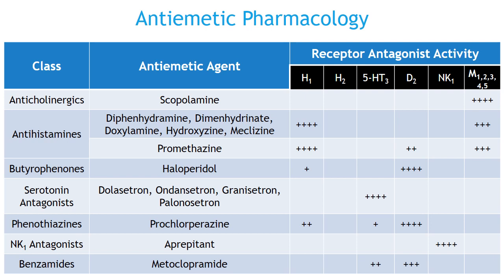But metoclopramide is also a D2 antagonist, so it's prokinetic. But again, that's another one that has the risk, and I don't know the exact number, it's a very low risk, but there is a risk of that tardive dyskinesia-like effect because it's a D2 antagonist. So that prokinetic effect always comes along with that other risk that we're obviously not interested in having.